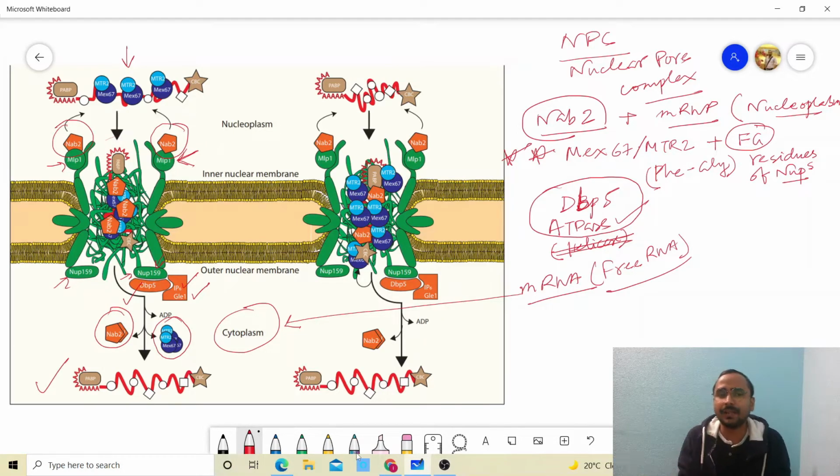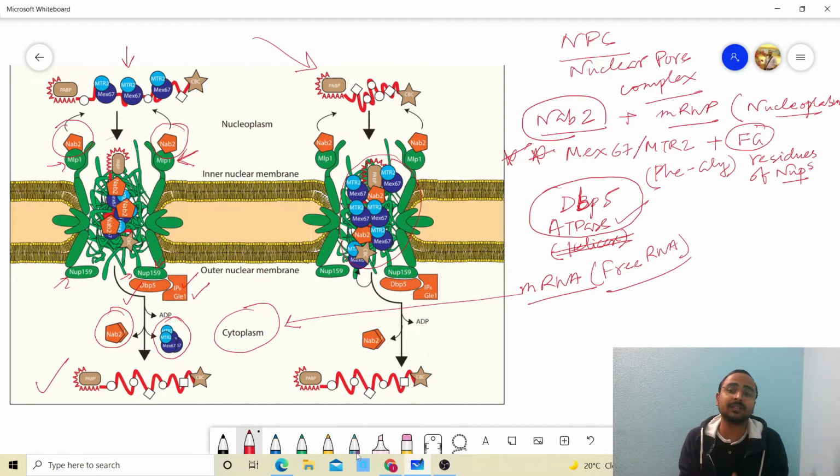And another finding, the group says, is that MEC67 MTR2 is attached to the mRNA inside the NPC. But whatever the case, MEC67 MTR2 must be attached to the mRNA, otherwise this transport mechanism can't happen.